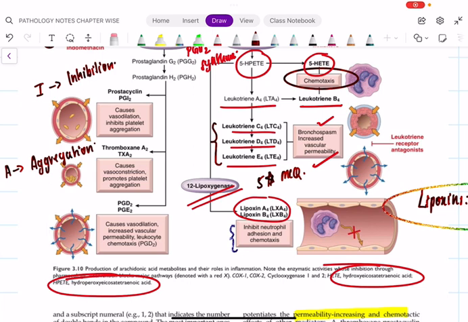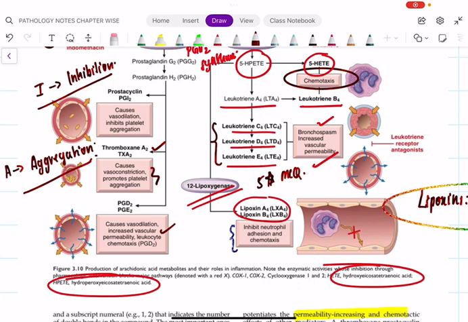PGI2 causes inhibition, that means it inhibits platelet aggregation. Thromboxane A2 causes aggregation of platelets and vasoconstriction, and D2, E2 cause increased permeability and vasodilation. Can you tell me which of the following arachidonic acid metabolites is vasoconstrictive in nature? Option A, PGI2.